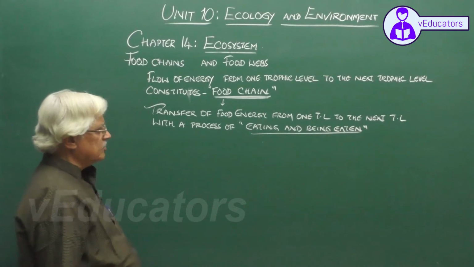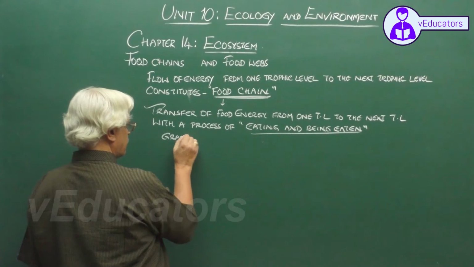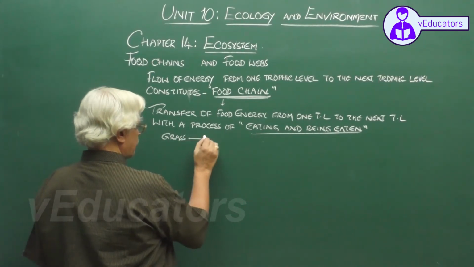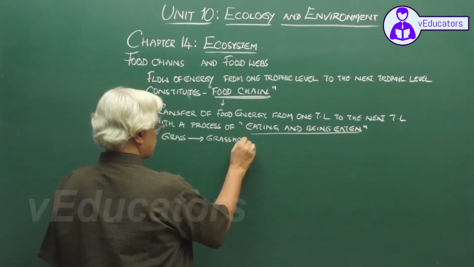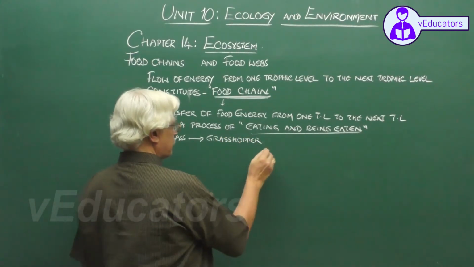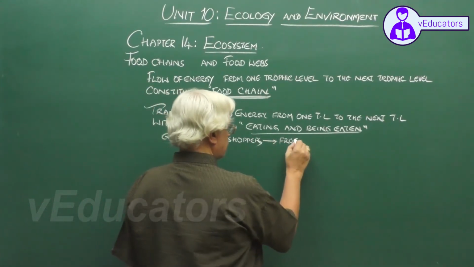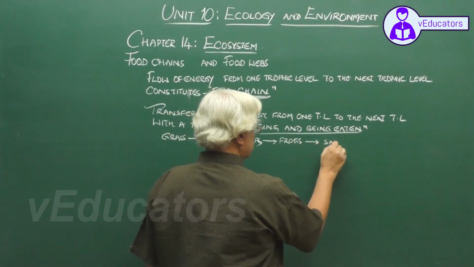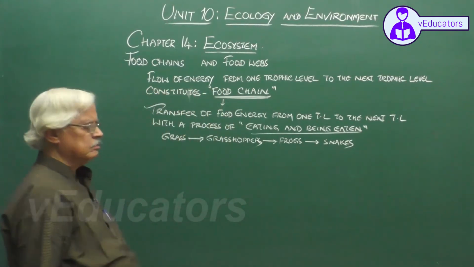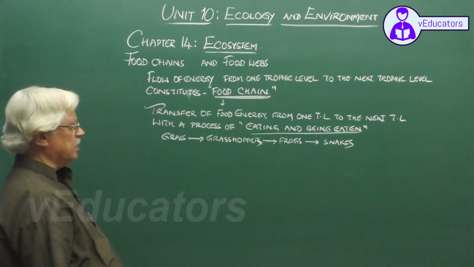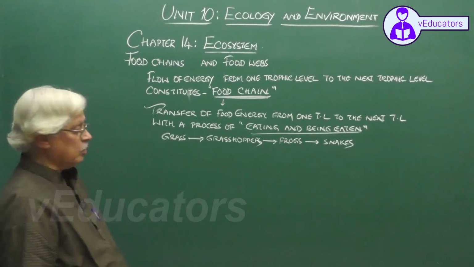Go back to the examples that we have seen. Grass, grasshopper, frogs and snakes. This represents a typical food chain in a terrestrial ecosystem.